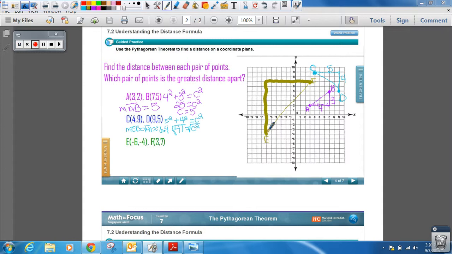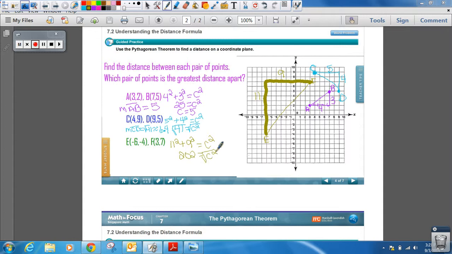And then I can count my units. 1, 2, 3, 4, 5, 6, 7, 8, 9, 10, 11. And 1, 2, 3, 4, 5, 6, 7, 8, 9. So I have 11 and 9 as my legs, so it's 11 squared plus 9 squared equals c squared. And that gives me 202 equals c squared.